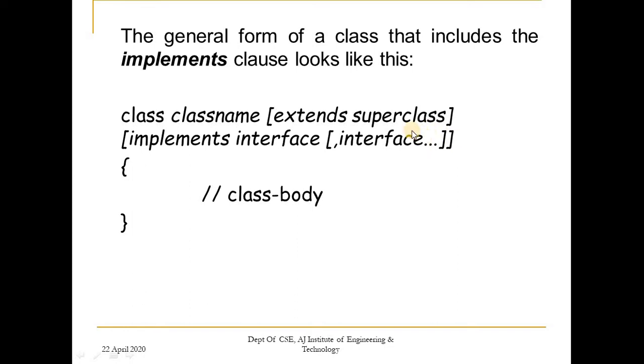So this is the general form of a class that is going to implement the interface: class, class name, the clause implements, the name of the interface. If there is more than one interface, separate them by a comma. And if this class is a subclass of any class, then extends superclass. If it is not a subclass of any class, then you need not include extends superclass.